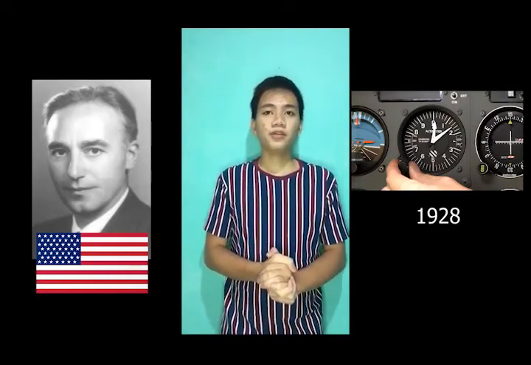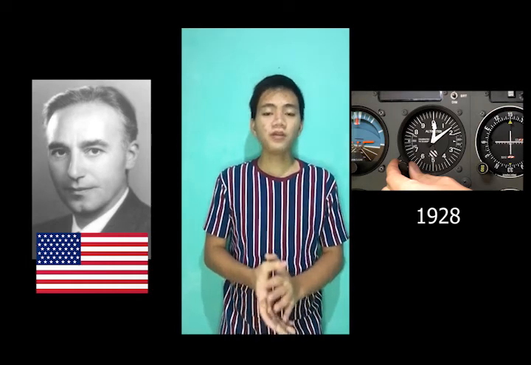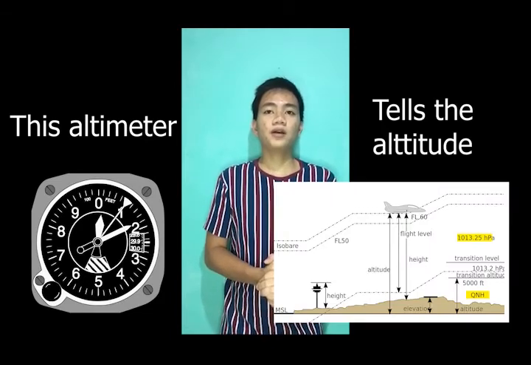The altimeter is a very important instrument in aircraft. It is the device that tells the pilot the height or the altitude of the aircraft, because before its invention, on cloudy or foggy days, the pilot could not be sure how far above the ground they were. Paul Kollsman was educated in Germany, studying science and technology before he immigrated to America in 1923 in hopes of selling a radical new automotive engine.